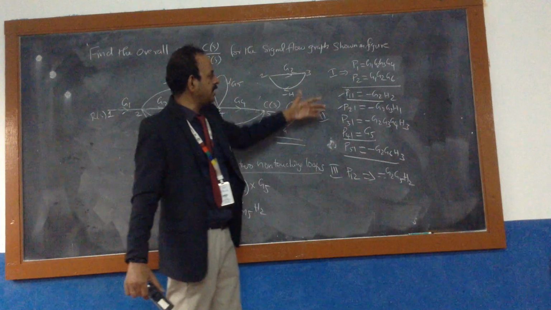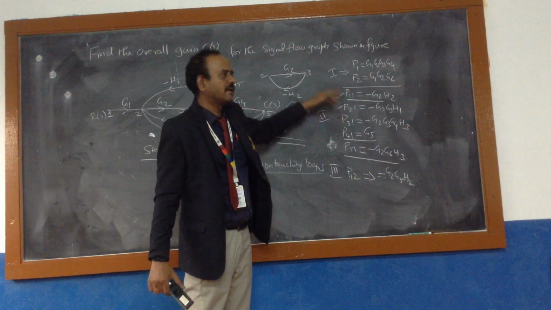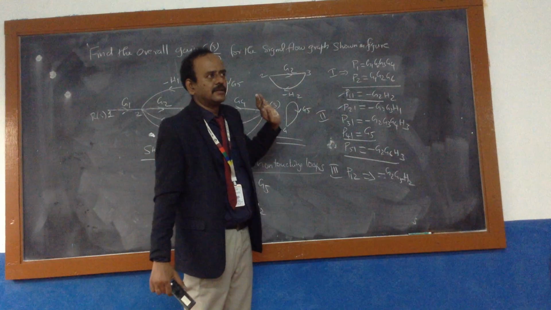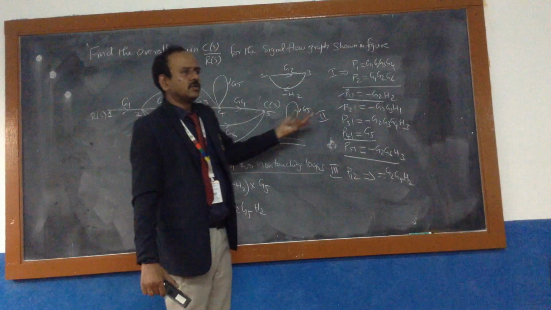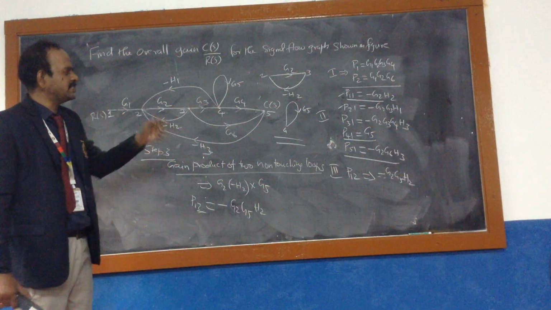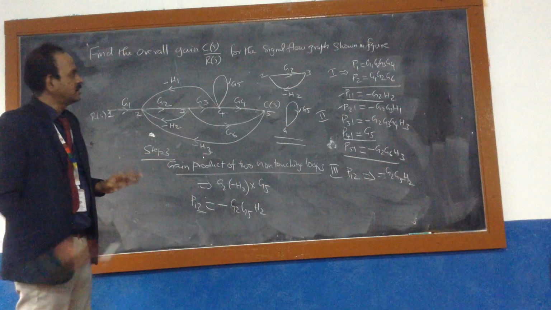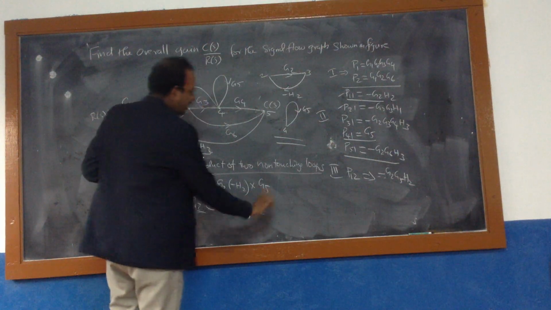We can't form three loops: three loops, 1, 2, 3, the nodes cannot be repeated. In this problem, if we check the individual loops, there are no three non-touching loops. If there were three non-touching loops, there would be a fourth node. So we only have the two non-touching loops, with corresponding gain minus G2, G5, H2.